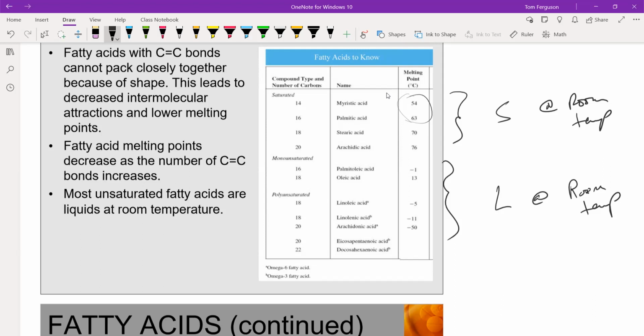As soon as you get into the multiple double bonds, they're very liquidy. Notice oleic acid, 13 degrees C. That's why when you put your olive oil in the refrigerator, it turns solid. When you take it out on the room counter, it's liquid.